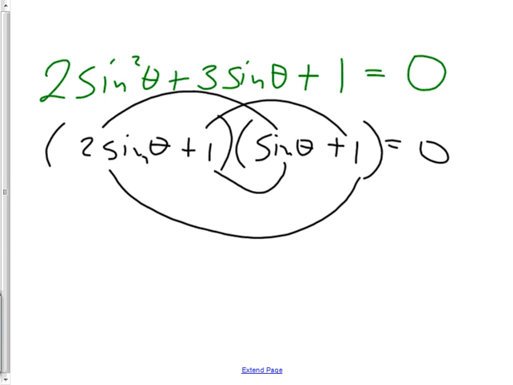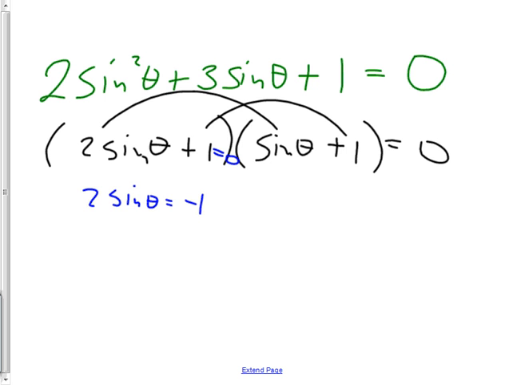Yay, it worked. Okay, then I would set each side equal to 0. Then I'm going to subtract 1. 2 sine theta equals negative 1. Sine theta equals negative a half. Raise your hand if you got to the same place as me. Okay, good. And then this other side, sine theta equals negative 1.